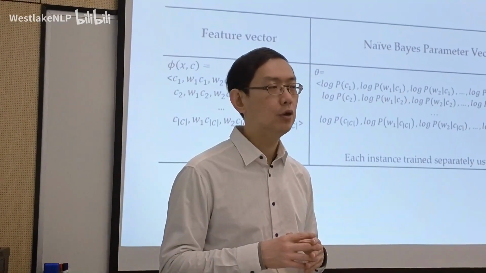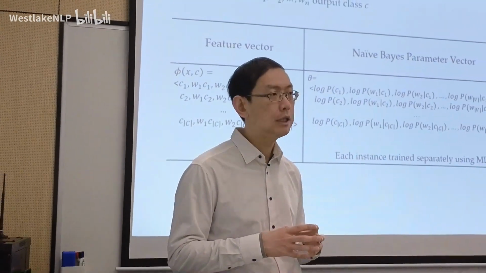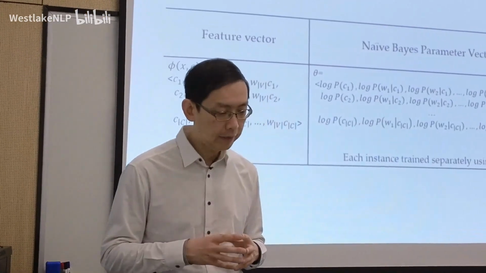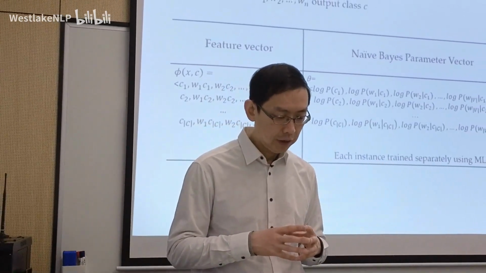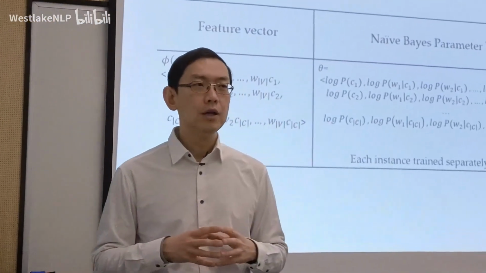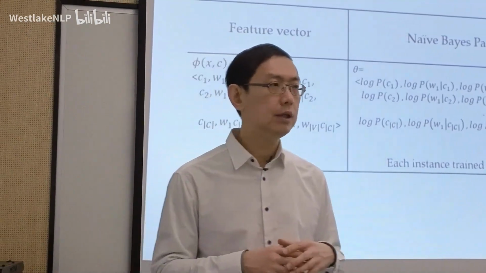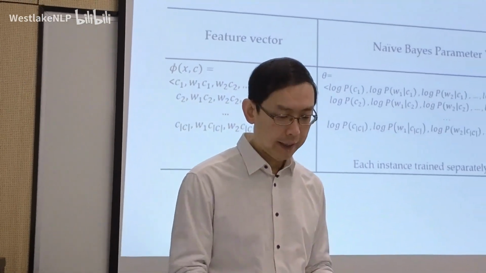Phi is extracted from the input x and output class label c. So we have a long feature vector. And the linear models all score the input-output pair x and c according to this representation, phi of x and c.